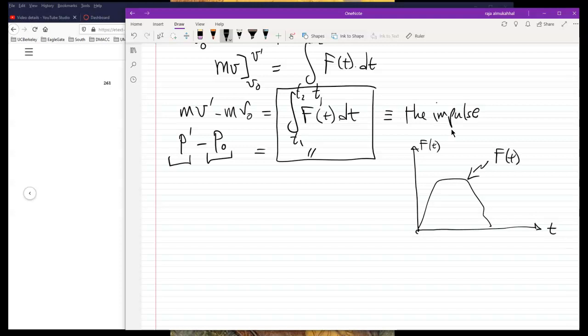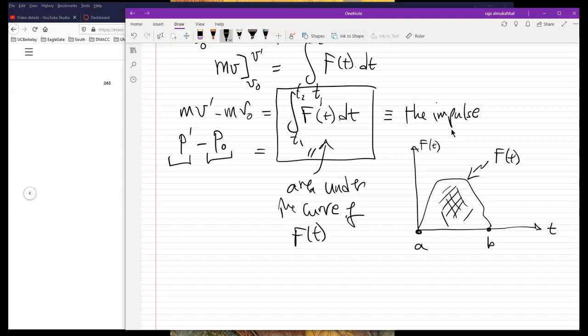So the integral from a point here to a point here, not necessarily 0, maybe something else, from a to b, is basically the area under the curve of the function F of t. You see what I'm saying? That's what I'm saying. I'll give you an example and show you what that means, but that's basically what it is.